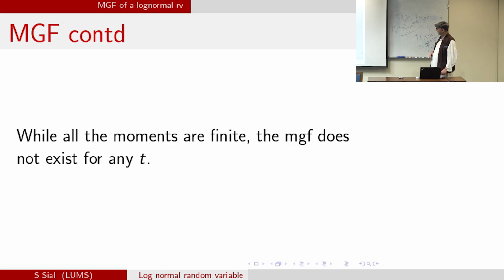The MGF doesn't exist. So this is our first example. The ones we were interested in, that we were using, the MGF existed, but this is an example of an important random variable for which the MGF doesn't exist.